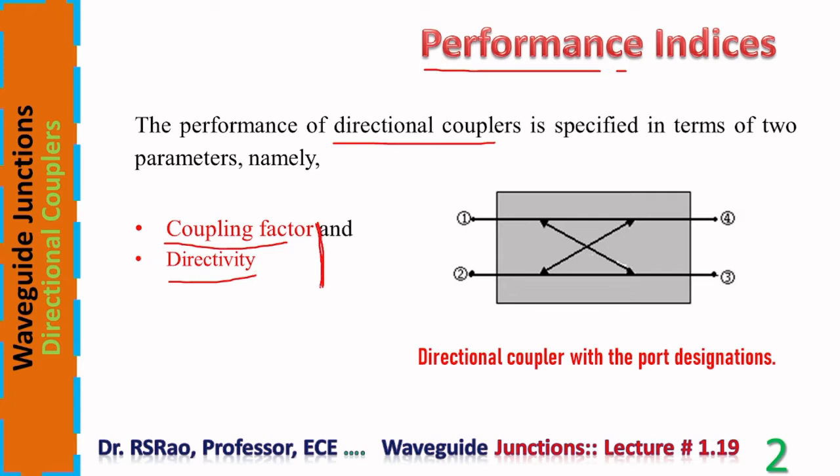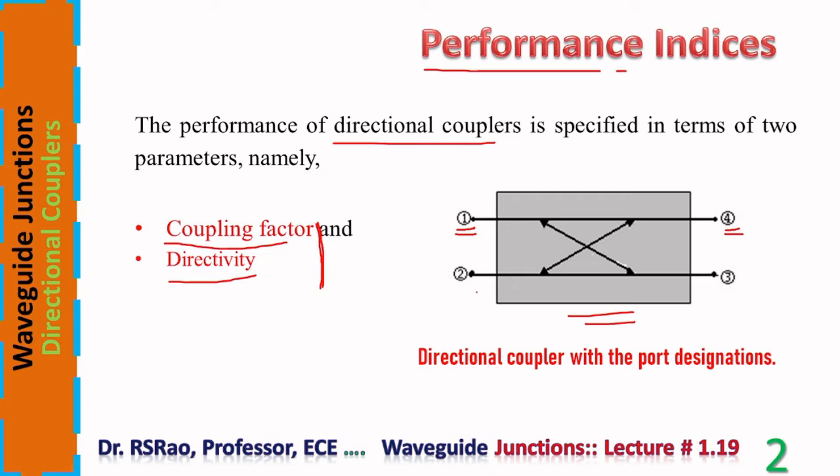These definitions are with respect to certain port numbering. That port numbering is shown here. The port that is at the left side at the top is given 1. Usually port 1 is meant for giving input, connecting the source to the directional coupler. Opposite to the input port, there exists a port that is the output port or through port. Here it is given number 4.